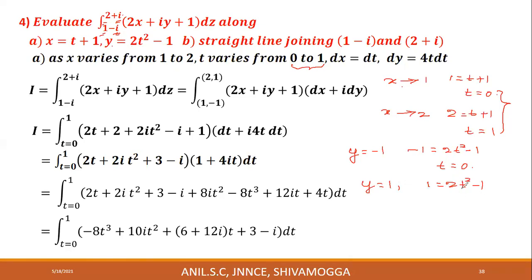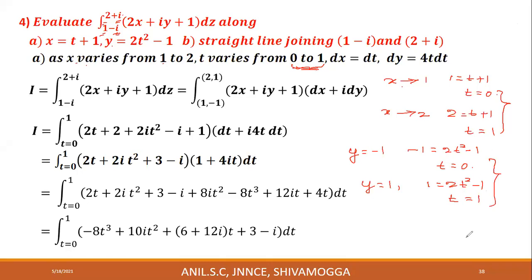Therefore, 2t square is equal to 2, t square is equal to 1, therefore t is equal to 1. In both cases, t takes values from 0 to 1. Therefore, as x varies from 1 to 2 or y varies from minus 1 to plus 1, t varies from 0 to 1.